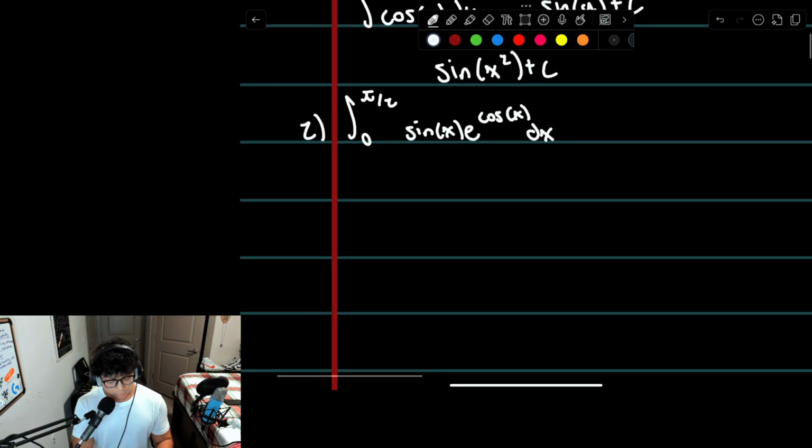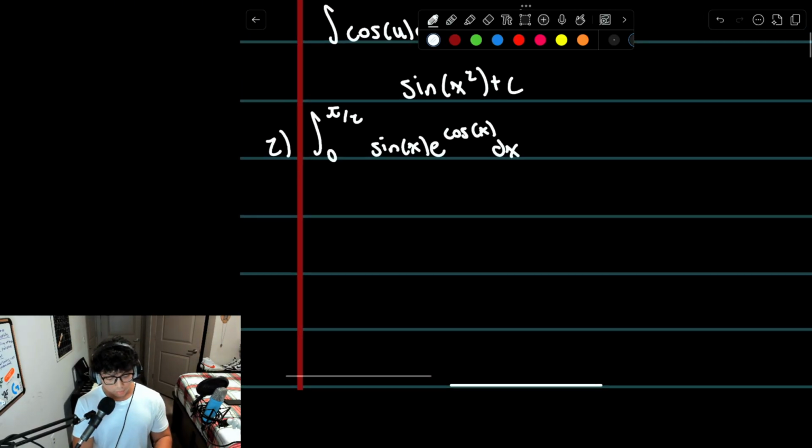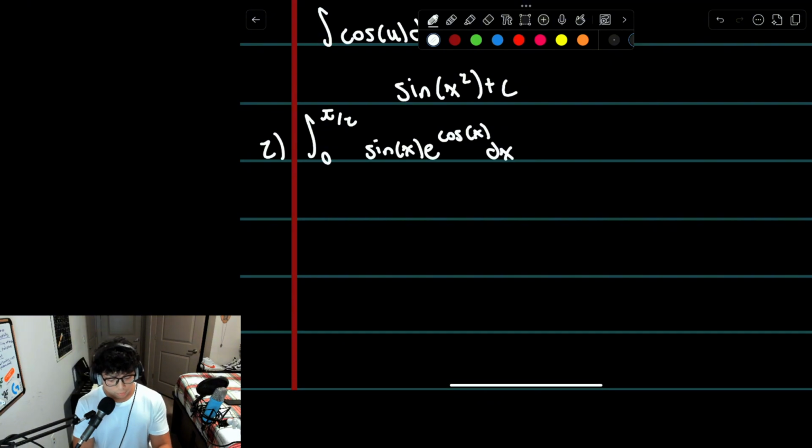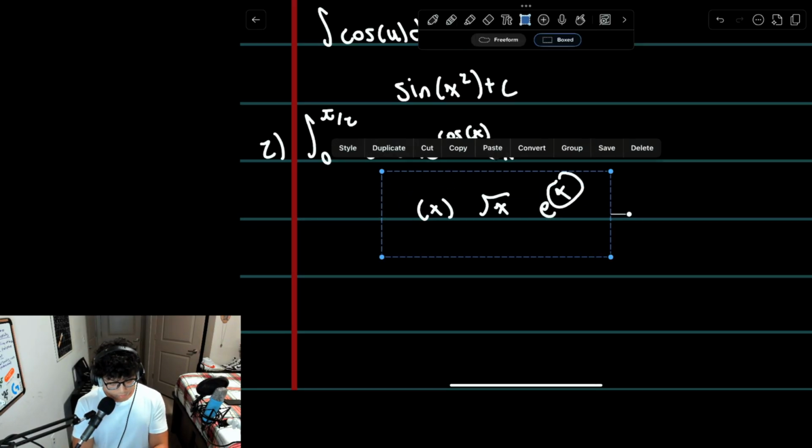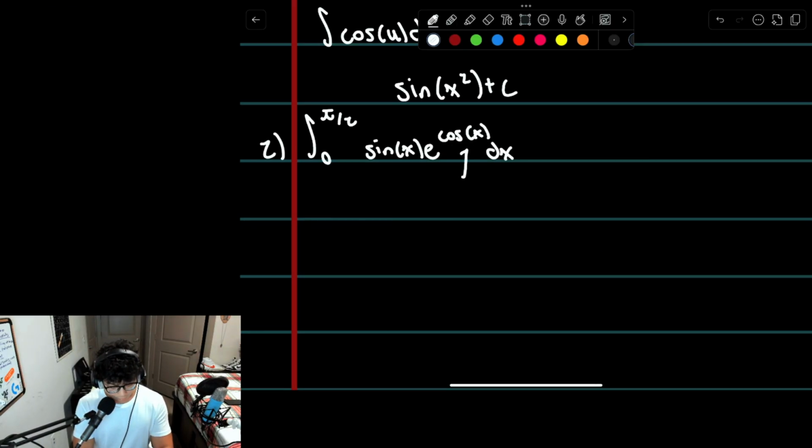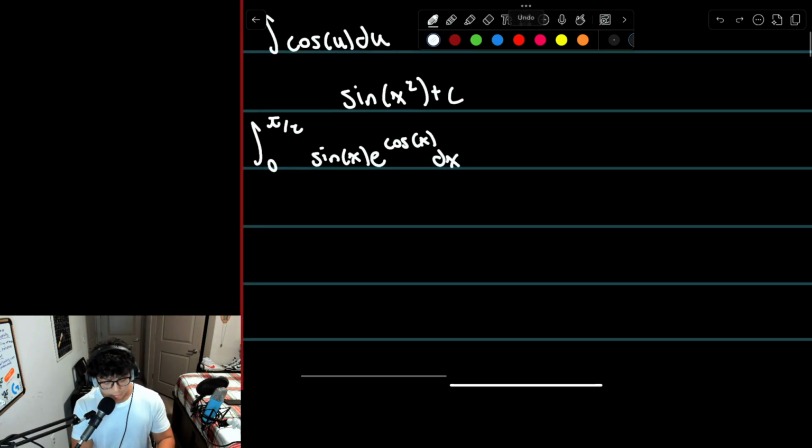Over here it looks a little complicated, but just use your inner function rule, which is anything inside parentheses, square roots, or powers. So in this case, it's powers, because over here we have e to the cosine x. So cosine x will be our u.